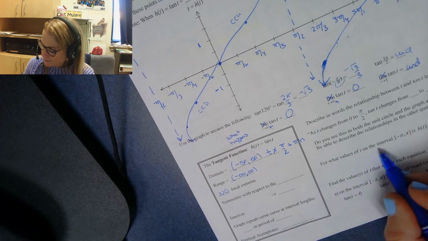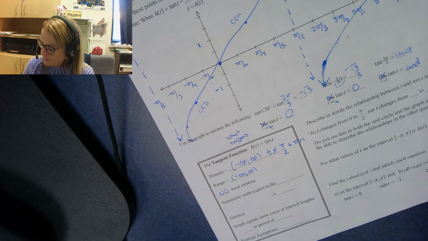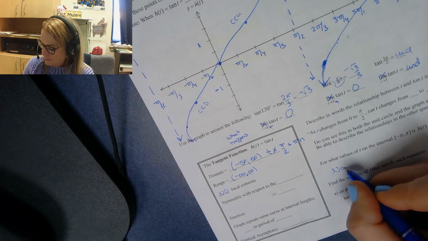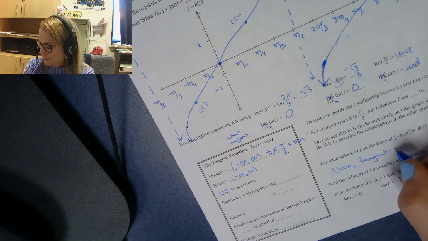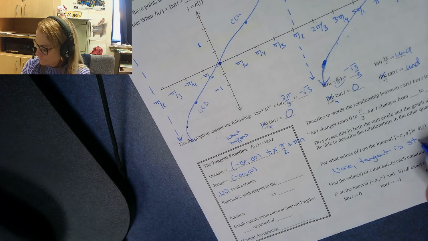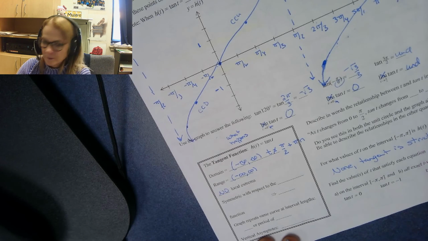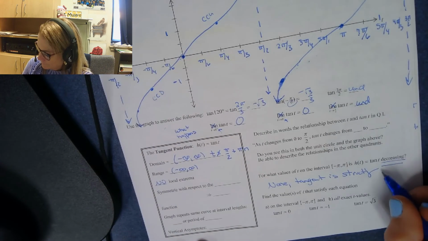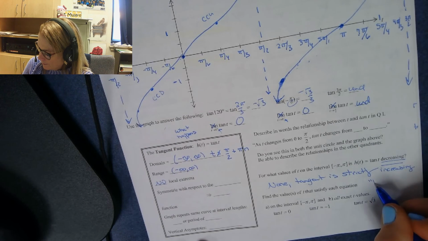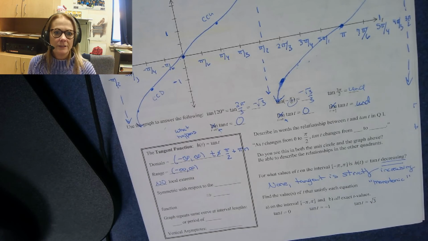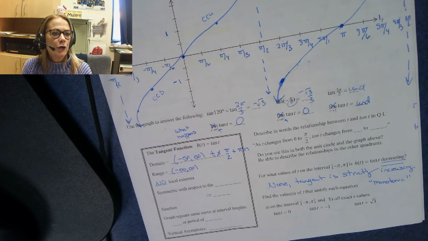Let's jump over here. For what values of t on the interval is it decreasing? None. Tangent is strictly increasing. That's monotonic. If you're strictly increasing or decreasing, that word is monotonic.